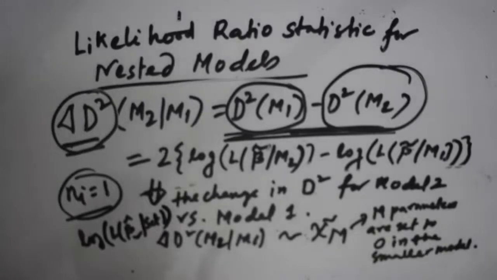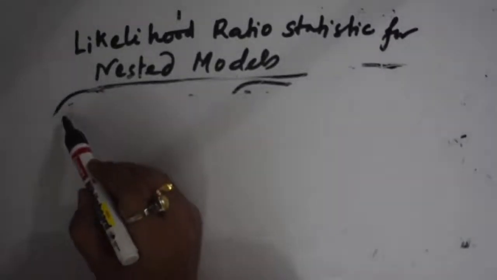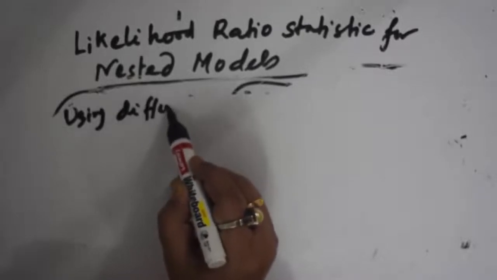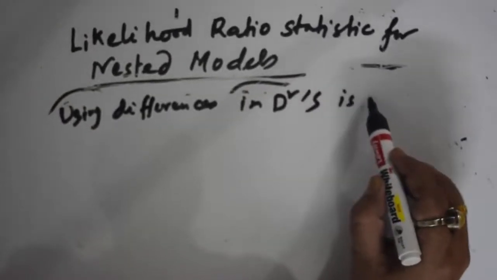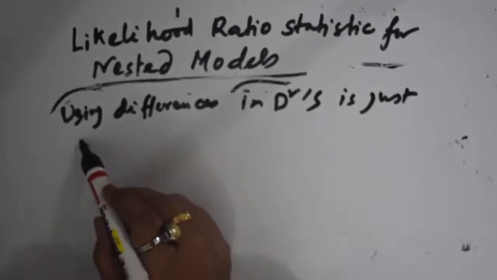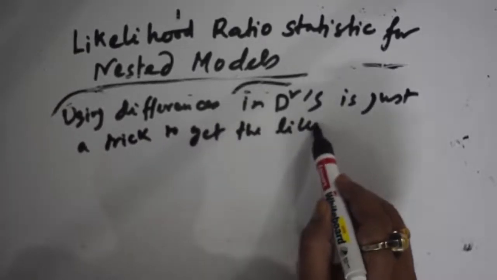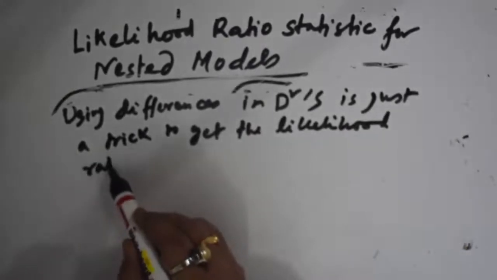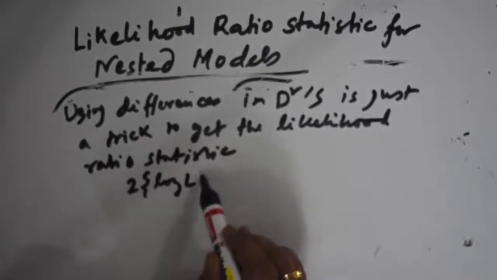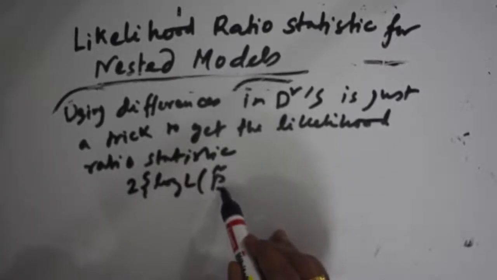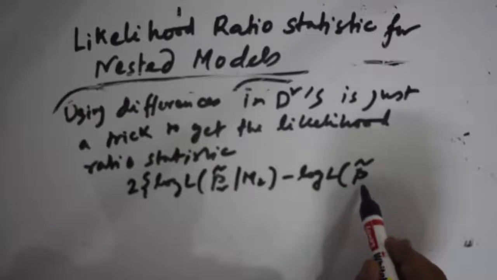Using differences in D squared is just a trick to get the likelihood ratio statistic, equal to log L beta tilde given M2 minus log L beta tilde given M1.